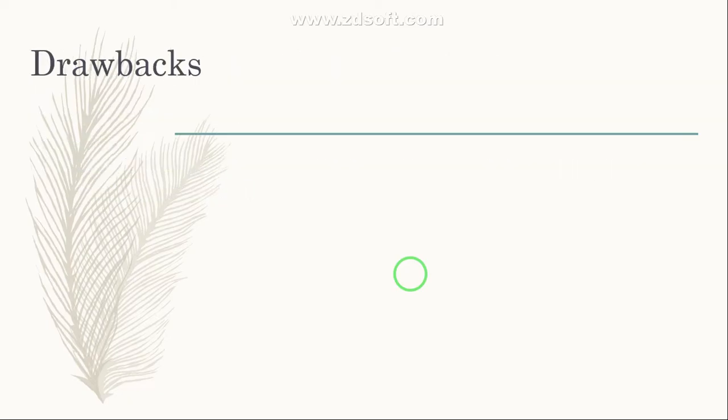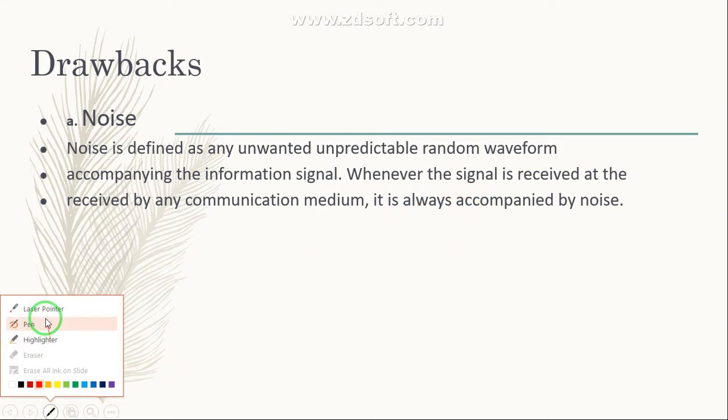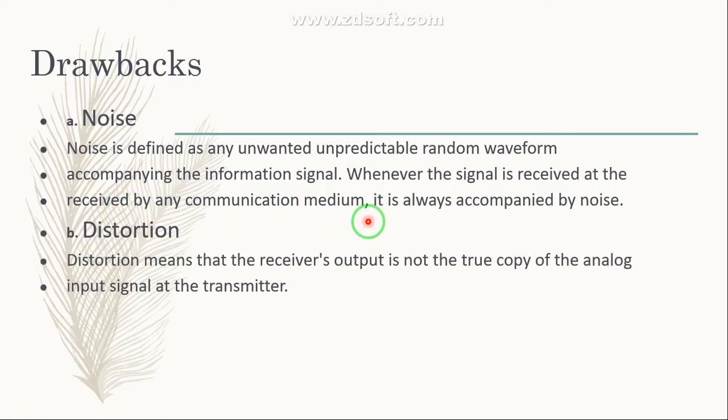But unfortunately, guys, the practical use of delta modulation is limited due to the following factors, like noise. Noise is an unwanted, unpredictable, random waveform which accompanies the information signal. Whenever the signal is received through the communication medium, it is always accompanied by noise. Then distortion.